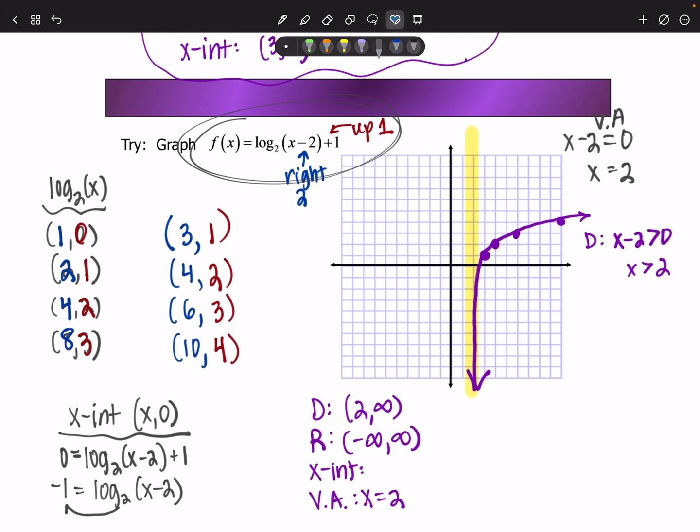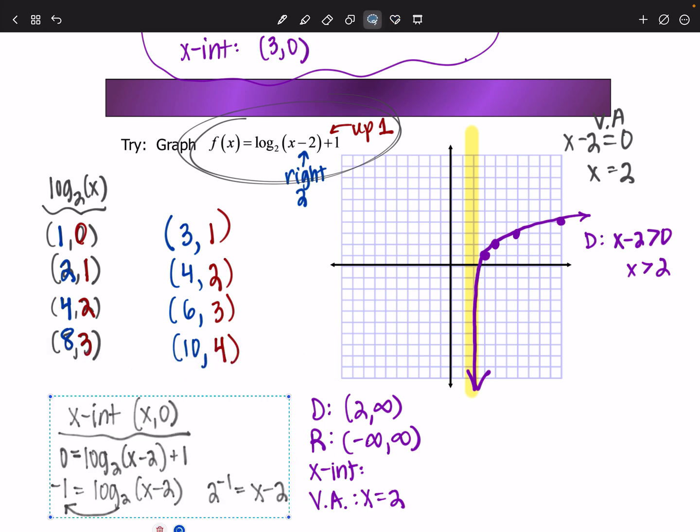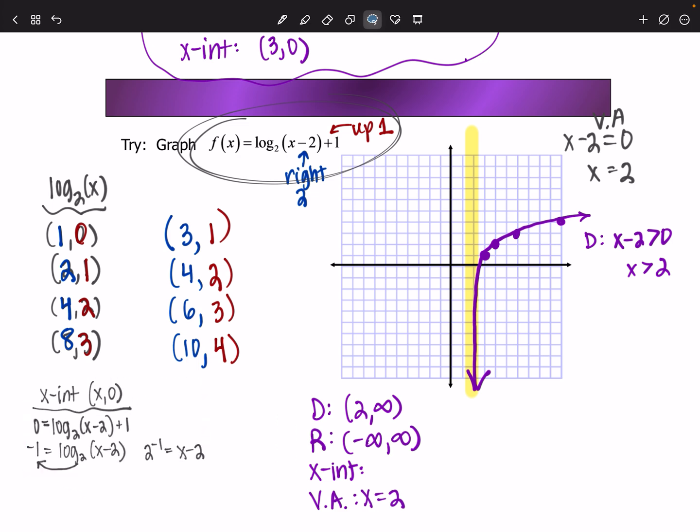So I've got 2 to the negative 1 power is equal to x minus 2. 2 to the negative 1 power, let me move this up. I'm going to resize this and move this up a little bit so I've got some room. 1/2 is equal to x minus 2.